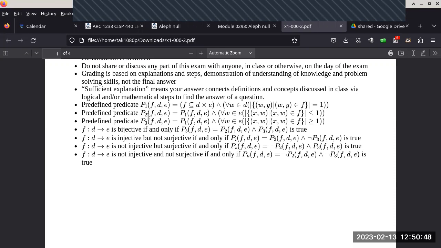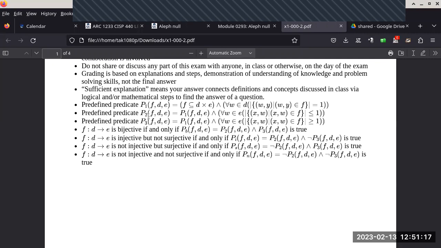So what does that mean? When we are looking at a subset of a function where the second element of the two-tuple is fixed already, it's injection. P2 is the same thing as asking, is it injection?